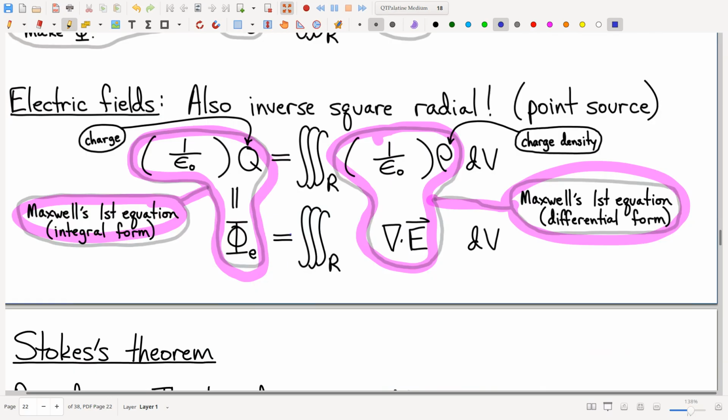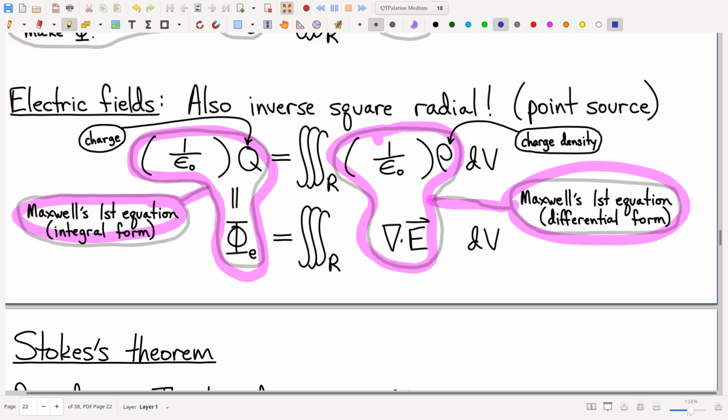Okay. Last little observation I want to make is going back to these 2 equations, and again, cosmetically they don't necessarily look like they have much to do with each other. But let me pronounce these 2 equations a little bit differently. This is a relationship between flux and charge. This is a relationship between flux density and charge density.